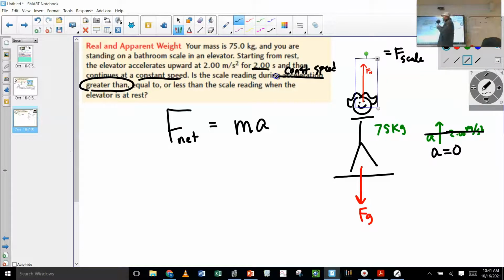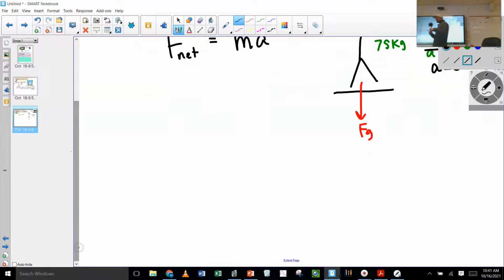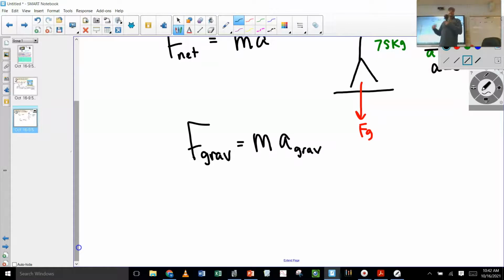How do you find gravity? If you want to find the force of gravity, then you take the mass times the acceleration of gravity. It turns out that the acceleration of gravity on Earth is always 9.80 meters per second squared.